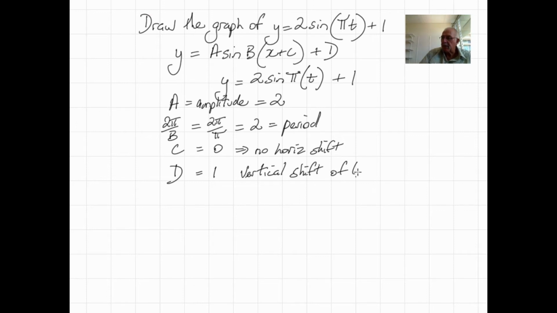All right, so let's build it all now and put it all together. We'll get some axes now. As I said, it's y as a function of t. So if we just draw, so here's my t, and here is my y.